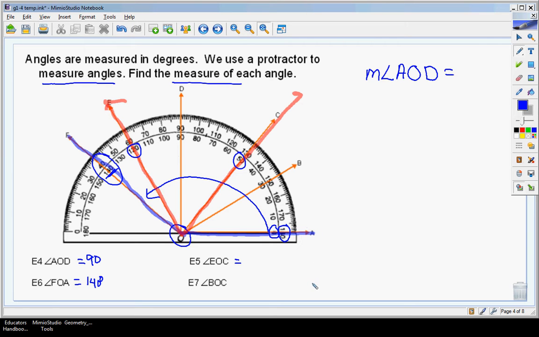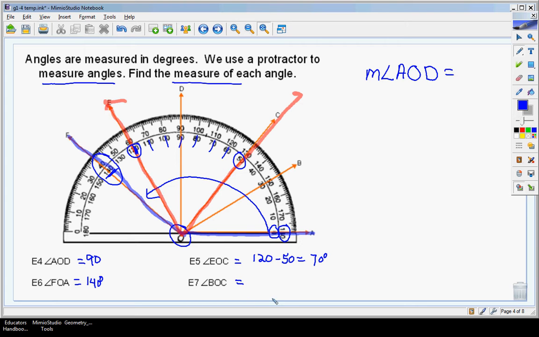Does not matter which, it's going to come up the same. Take the largest number, subtract the smallest number. How big is angle EOC? 70 degrees. If they're nice even increments like these have been, you could also count it. 10, 20, 30, 40, 50, 60, 70 degrees.